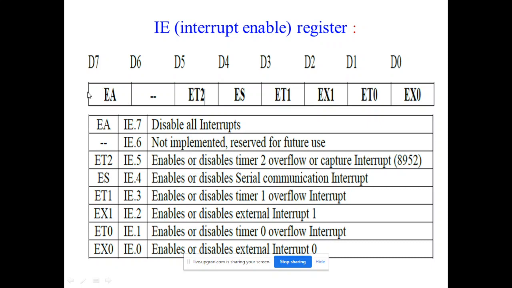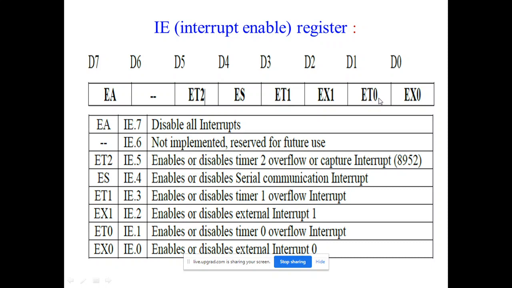Now, in some situation, the controller doesn't want to provide service to timer 0 only. All other interrupts it will accept and provide service to, but not timer 0.